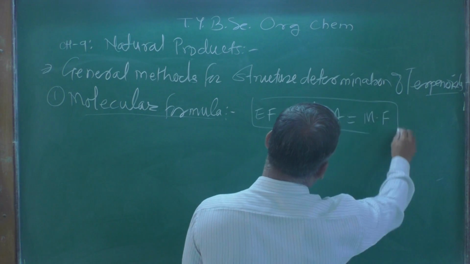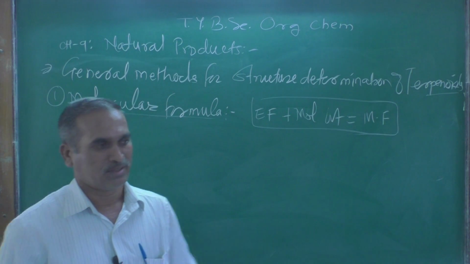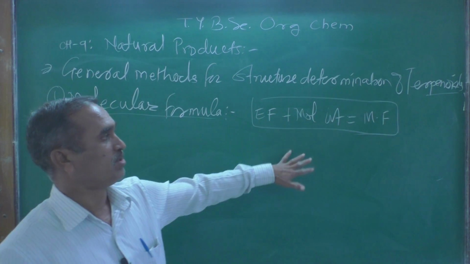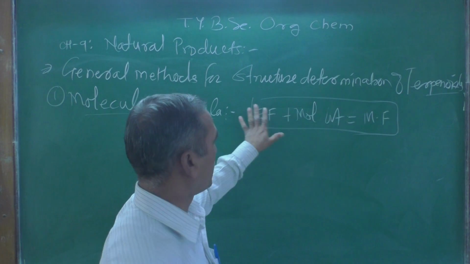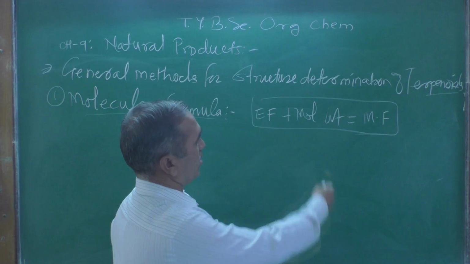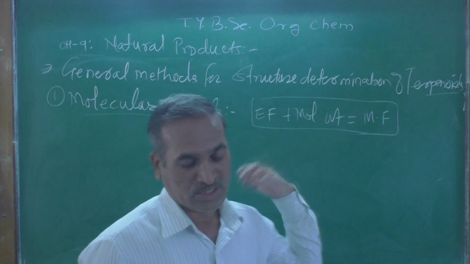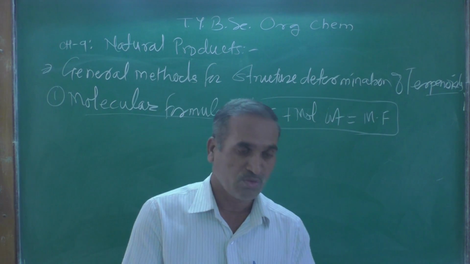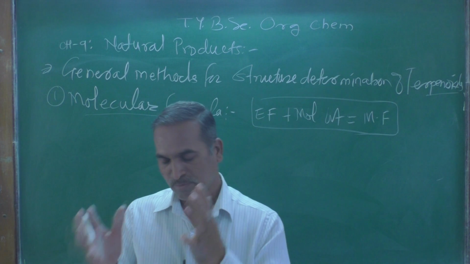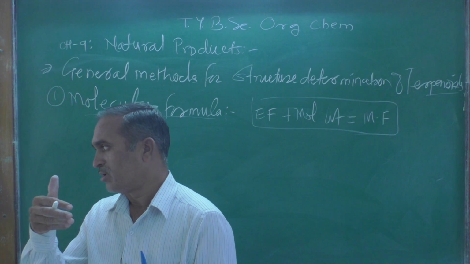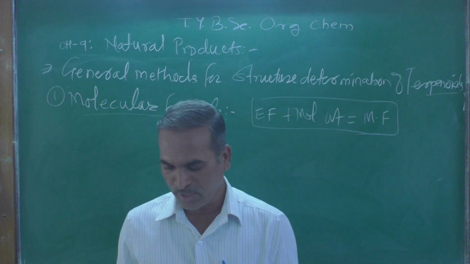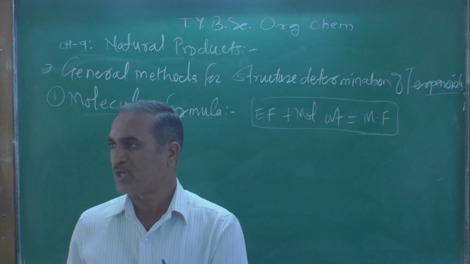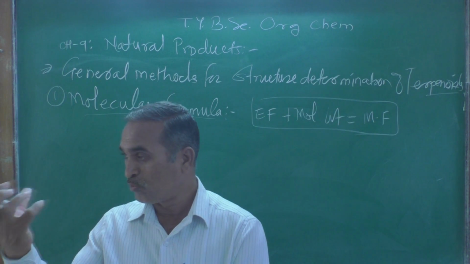This is the general mathematical formula to achieve the molecular formula: empirical formula combined with molecular weight gives the molecular formula. In this way we can derive the molecular formula of unknown terpenoids, because we are extracting a pure specimen.